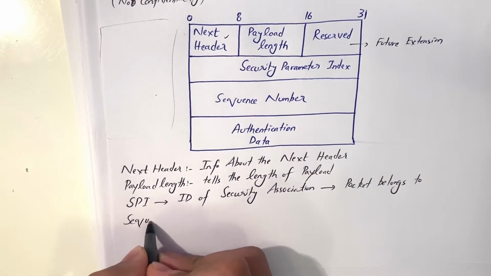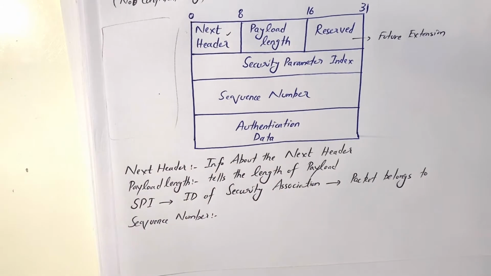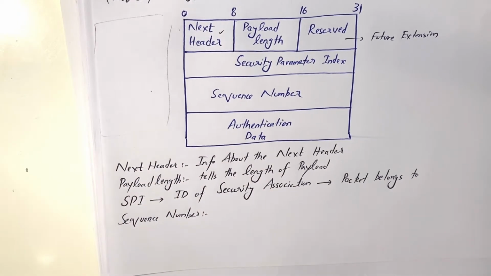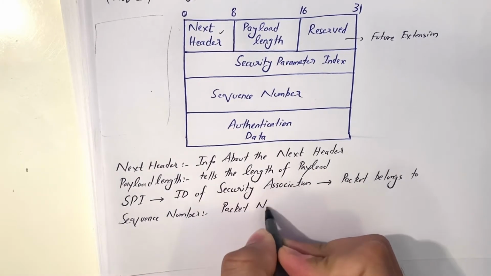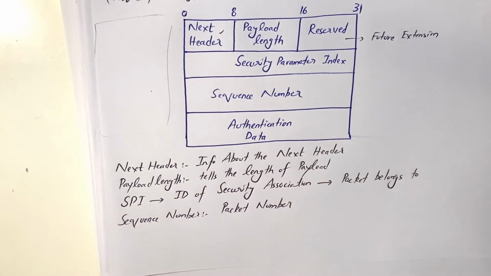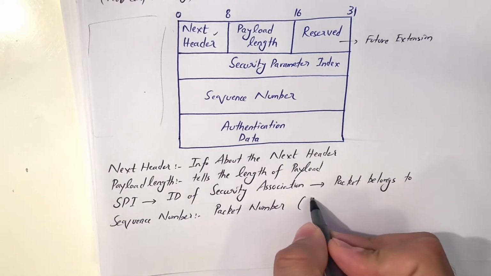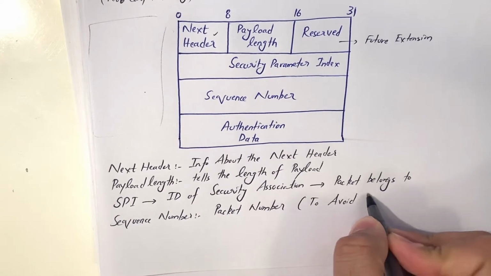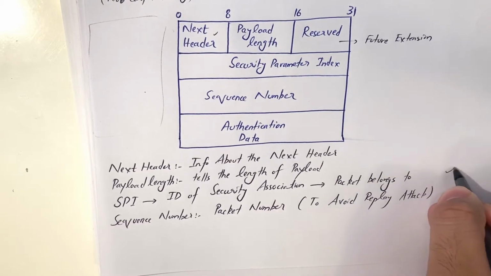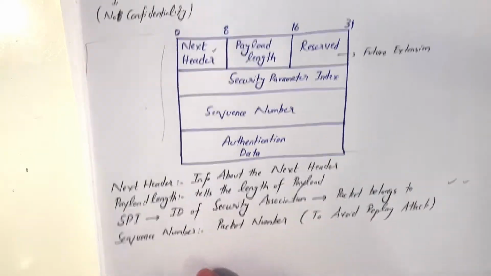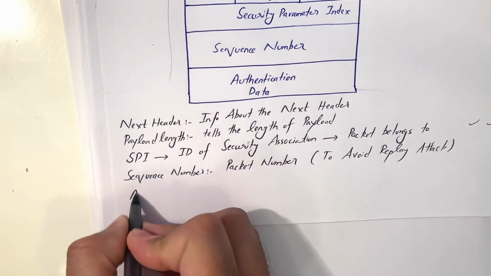You are already familiar with it. At the transport layer, we divide the data into chunks, so it defines the packet number for which we are putting this authentication. This packet number plays a very important role in avoiding replay attacks. Remember the windows and checkbox, it basically helps with that. The last thing, which is very important, is the authentication data.